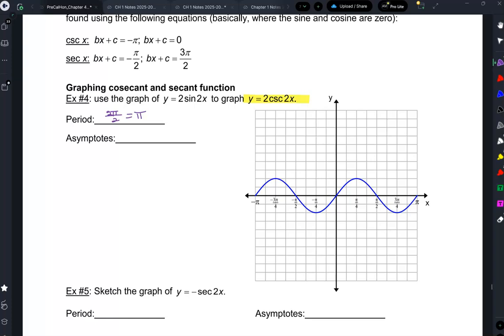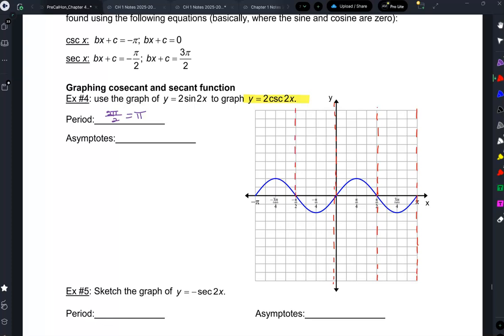So you draw the sine function just like you did in the last section. Then wherever the sine hits the x-axis, you draw asymptotes. Everywhere. Don't discriminate. Everywhere.